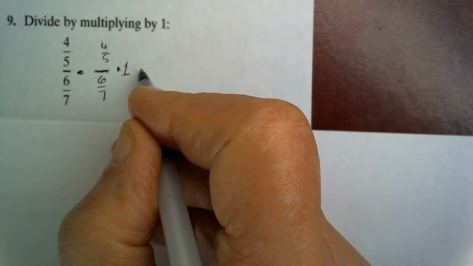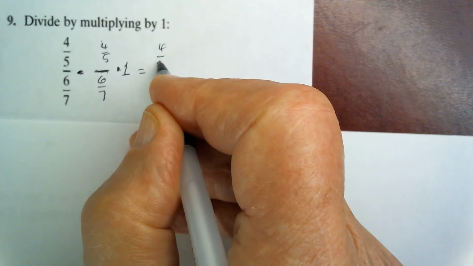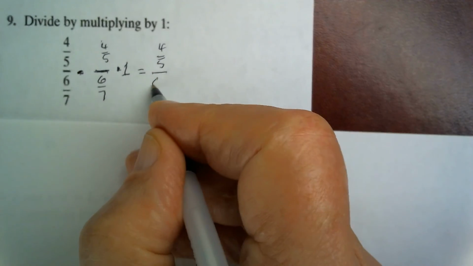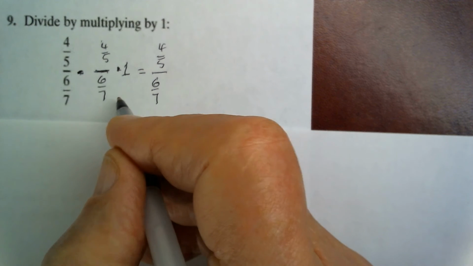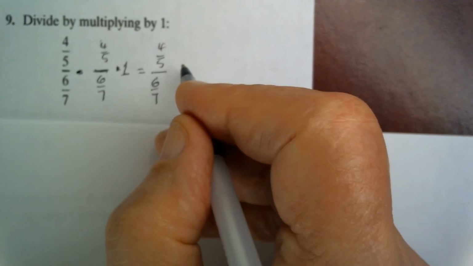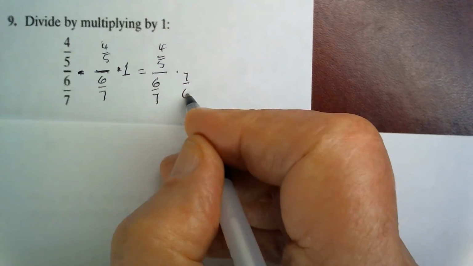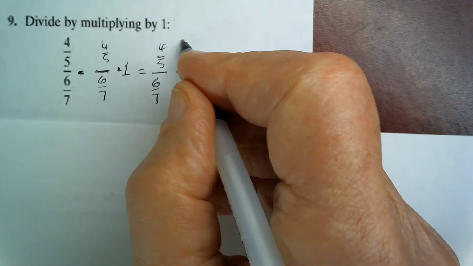And for 1, we just make a fraction. 4/5 divided by 6/7. And now we use the reciprocal of the divisor. So there would be 7/6 divided by 7/6.